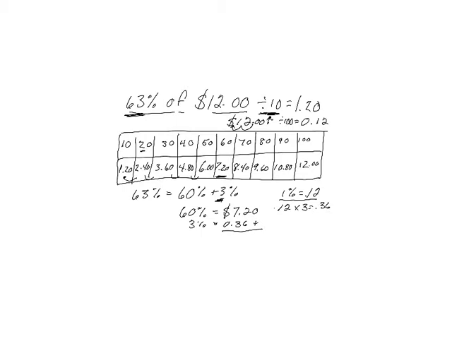So all of that, when I add it up, is going to give me $7.56. So that means that 63% is $7.56. Okay, 63% of $12 equals $7.56. All right.